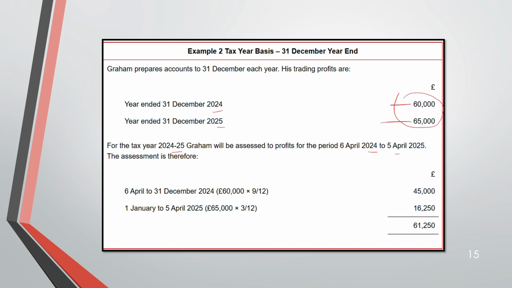So if you take April to December, 9 months from here and 3 months from here. So 9 months of 60,000 and 3 months of 65,000. If you add together, this is your profit for 24-25, 6th April 2024 to 5th April 2025. It is very easy, very straightforward. And the same rule is there for ATX also. No difference, nothing.